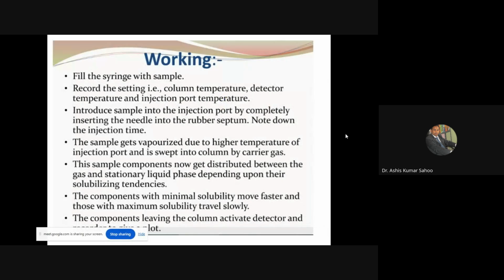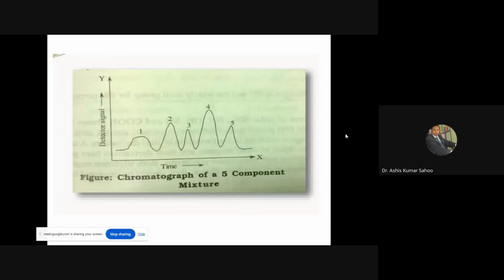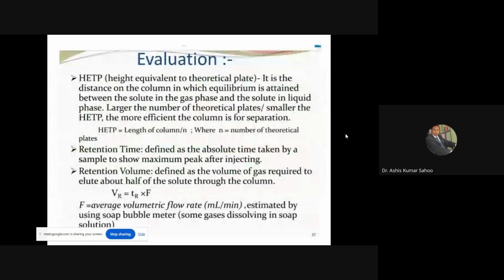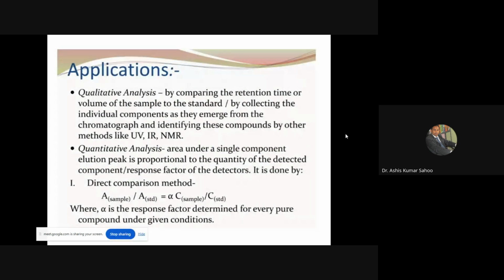So let's see a chromatogram of a five component mixture. So in gas liquid chromatography, we have five different compounds. So we can see these peaks in a detector. Evaluation: we can have applications.